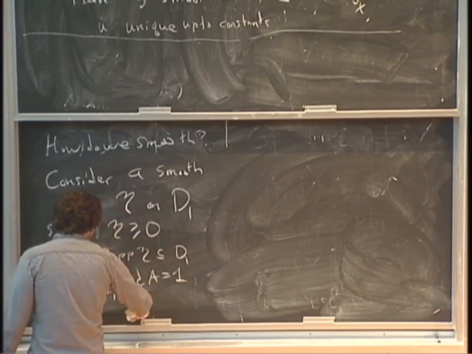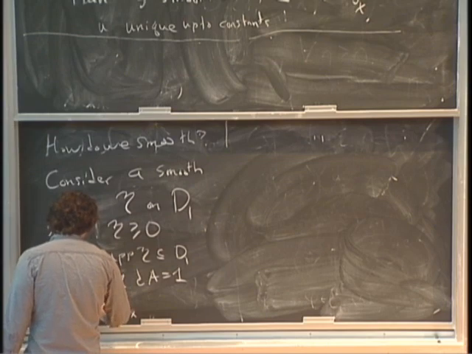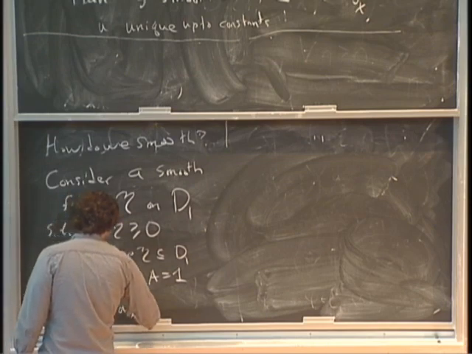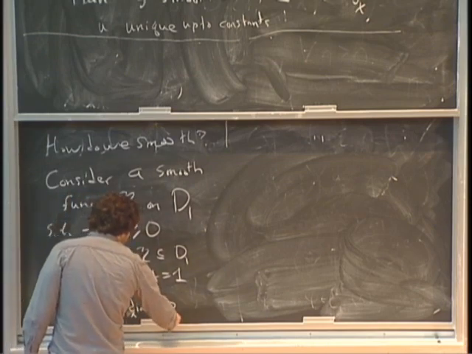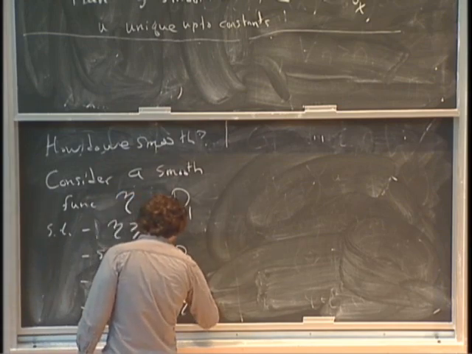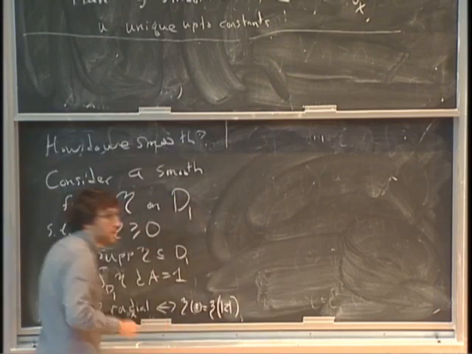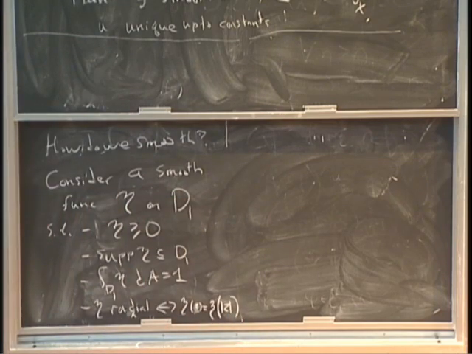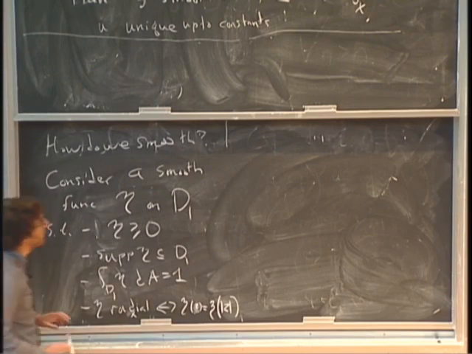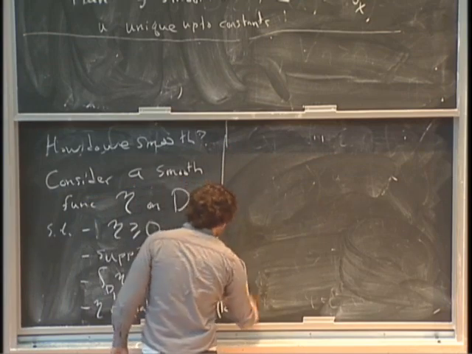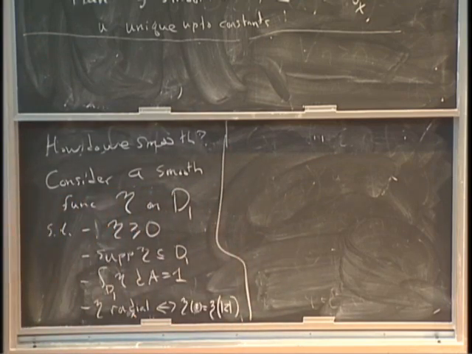And then the crucial thing in the application is that eta is radial, i.e., eta of a point z just depends on its radius. So it's rotationally symmetric. You should convince yourself this exists, but that's standard, using cutoffs.